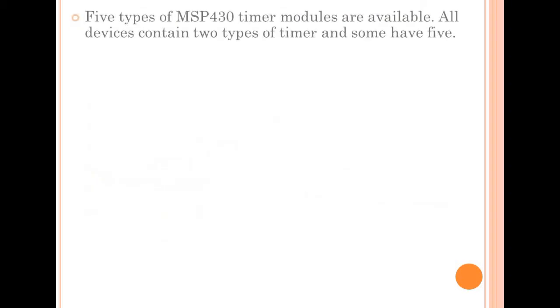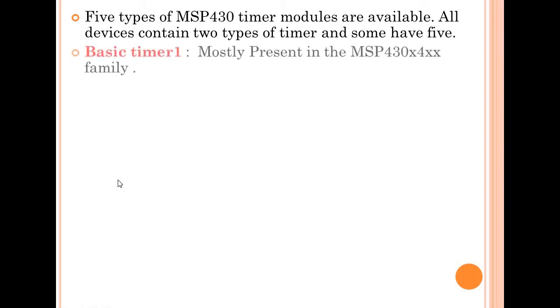Coming to timer modules in MSP 430, in total you have 5 types of MSP 430 timer modules available. The first one is the basic timer. Mostly it is present in MSP 430 4th generation microcontrollers.